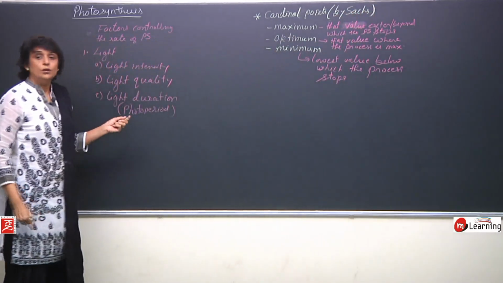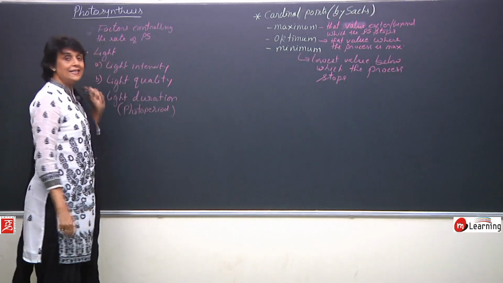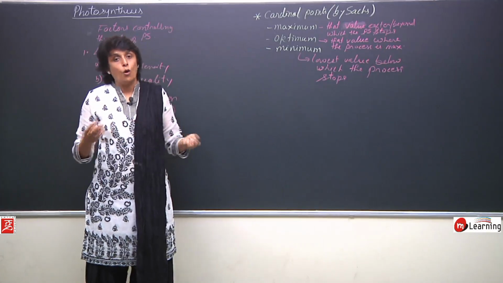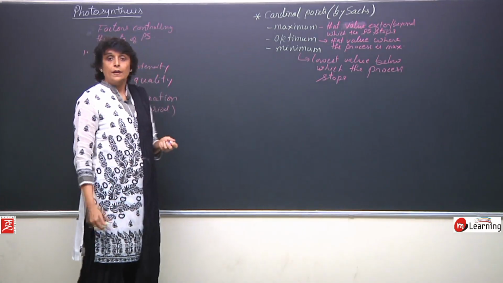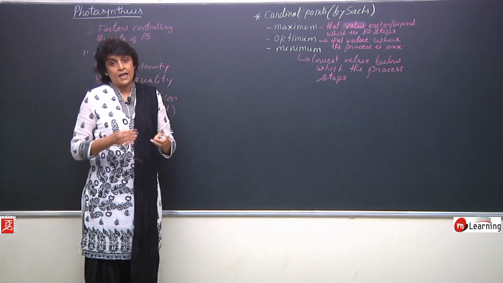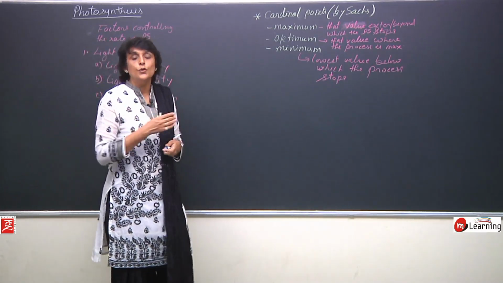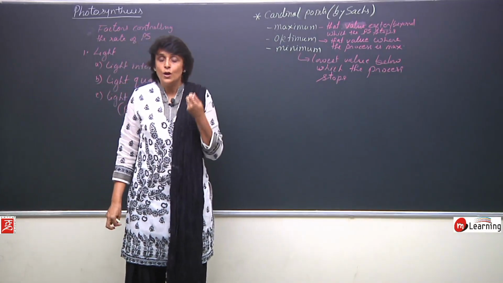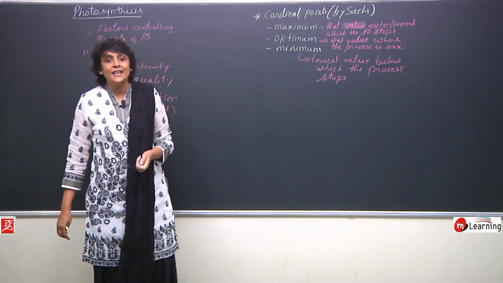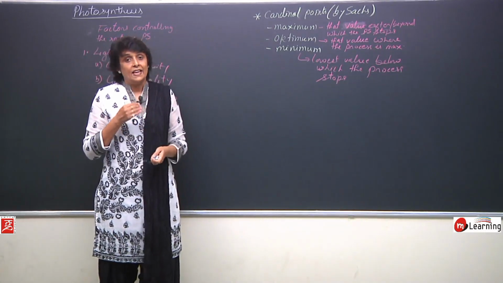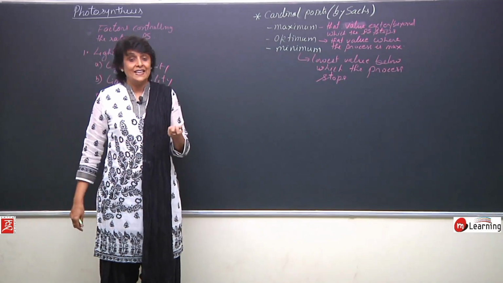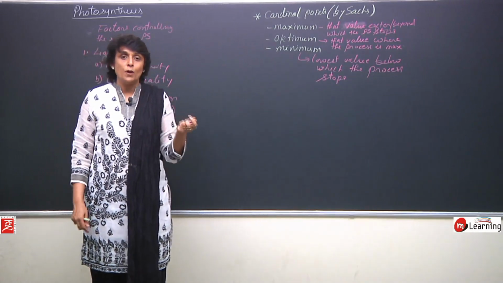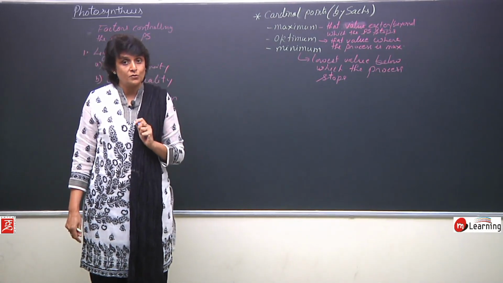Okay, coming back to the factors which we were discussing, light intensity. Normally light is a factor which is available all the time. So as light intensity increases, as the sun rises from morning to noon, the rate of photosynthesis will also increase. But if light intensity is very high, it will also be associated with increase in temperature, and if temperature rises, the process of photorespiration will also start.